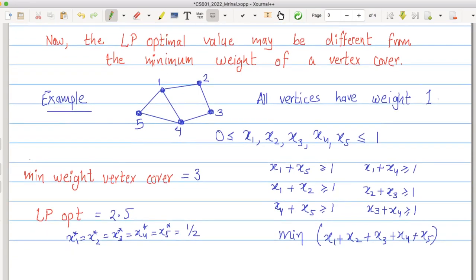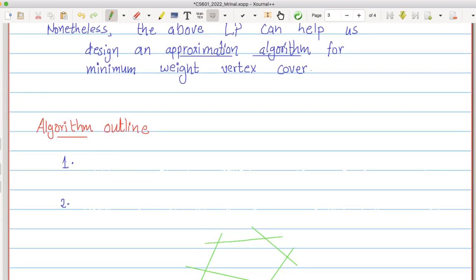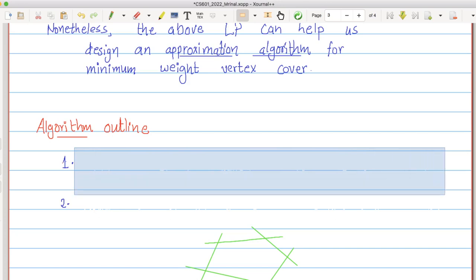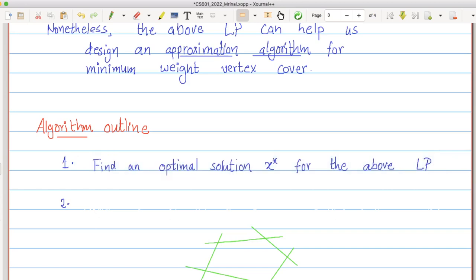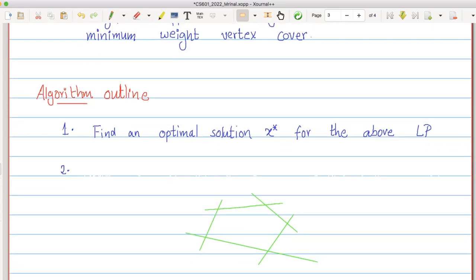The number of variables will be equal to the number of vertices, and the first step would be to use any standard linear programming algorithm and find an optimal solution for that linear program. Right, so let's say that optimal solution is x star, right? Now as we saw, x star might have fractional coordinates, so it might not relate to any vertex cover, right?